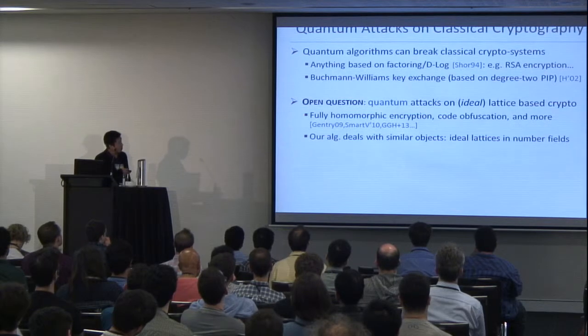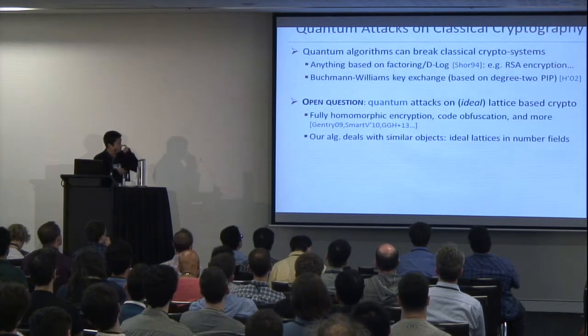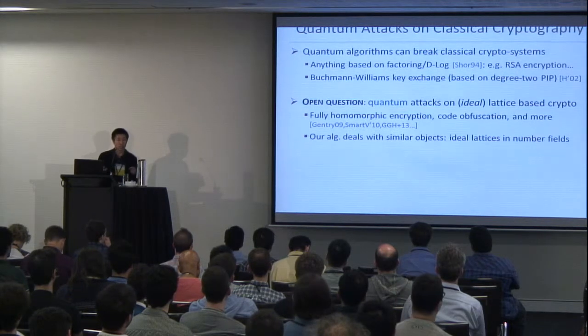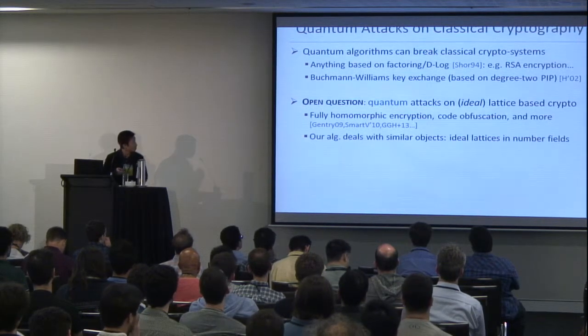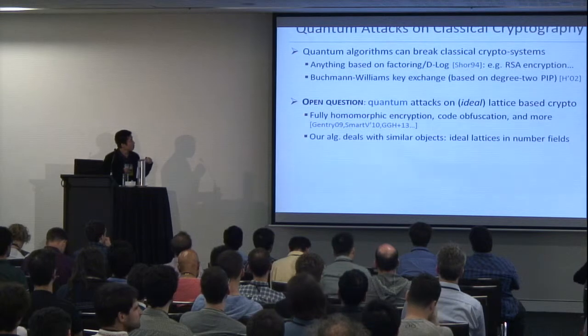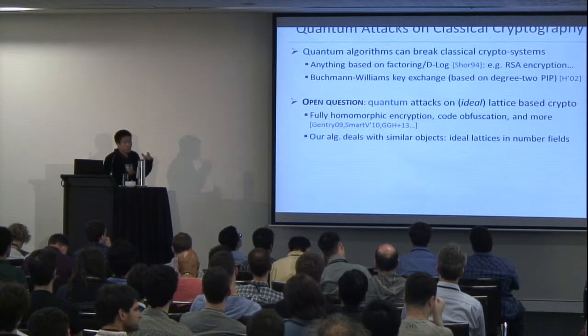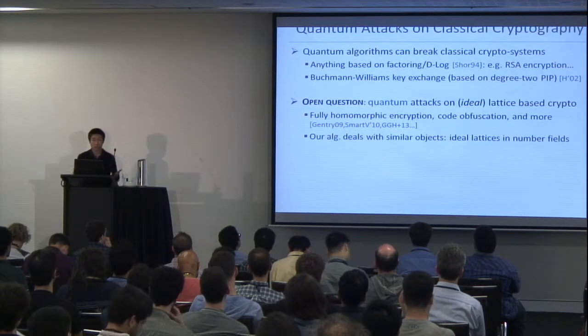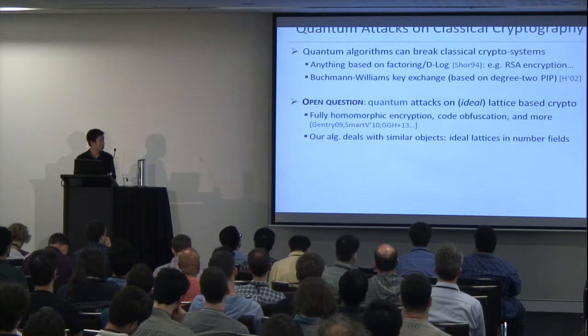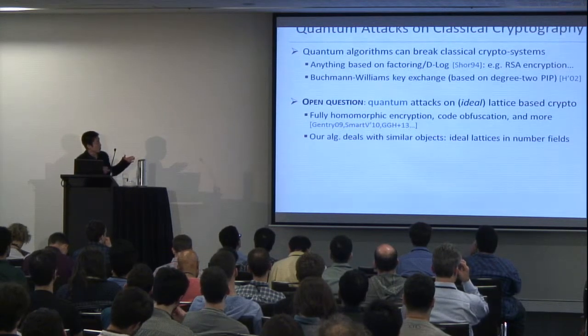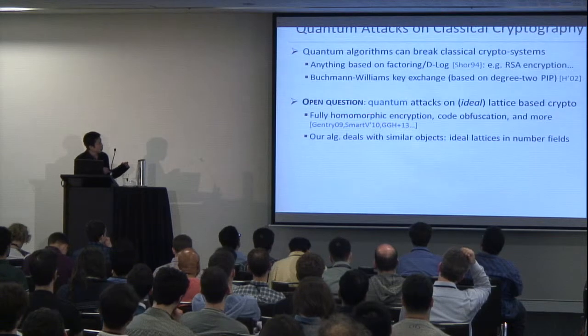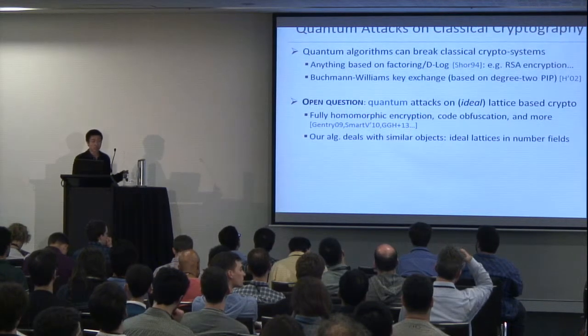So you don't need to know what ideal lattices are at this moment, but ideal lattices, they have received a lot of attention in recent years for at least two reasons. First, they are the central tool in quite a few breakthrough results in the last few years in cryptography. For example, people are able to construct fully homomorphic encryption schemes based on ideal lattices.